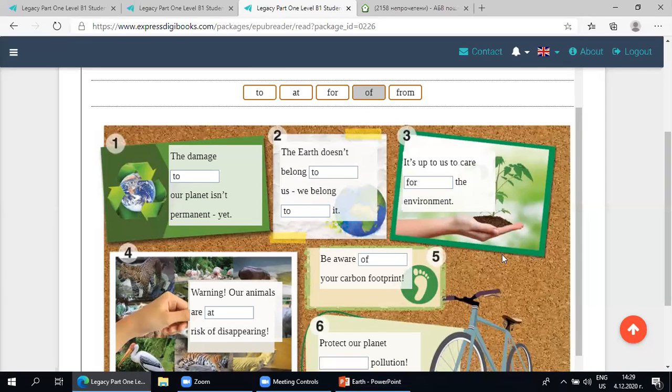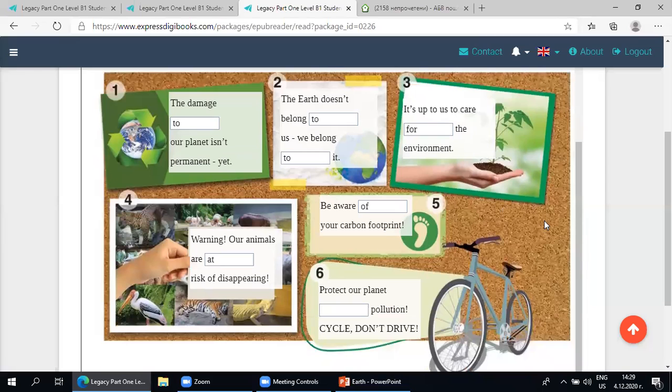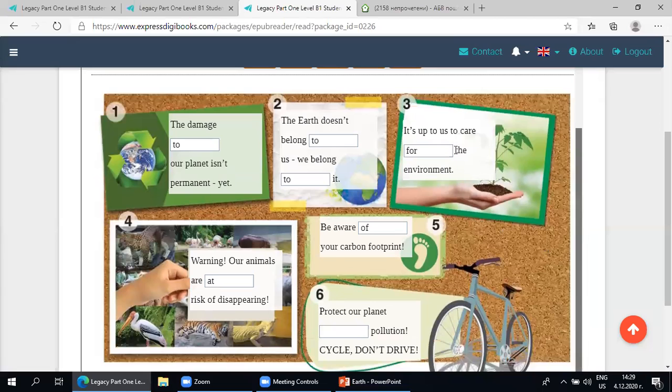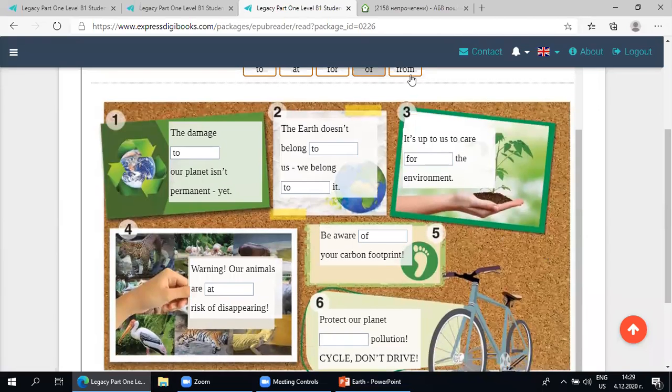I'm sorry, I can't... No problem. And the last one. Last but not least, okay. Protect our planet from pollution. Cycle, don't drive. Yes, very important message. Cycle, don't drive.